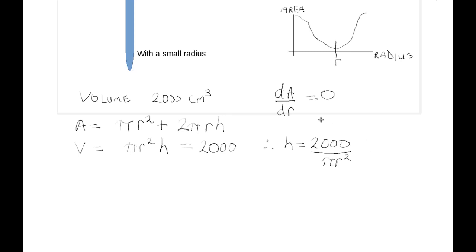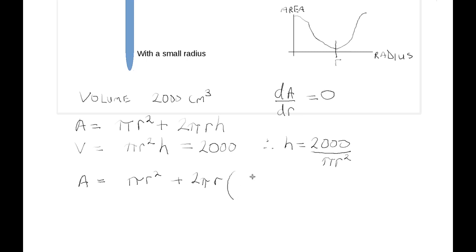Okay, I can now take this and substitute it into this h, which will give me a new formula for A. So our area equals pi r squared, the area of the end, plus 2 pi radius, and then I'll put this in brackets.